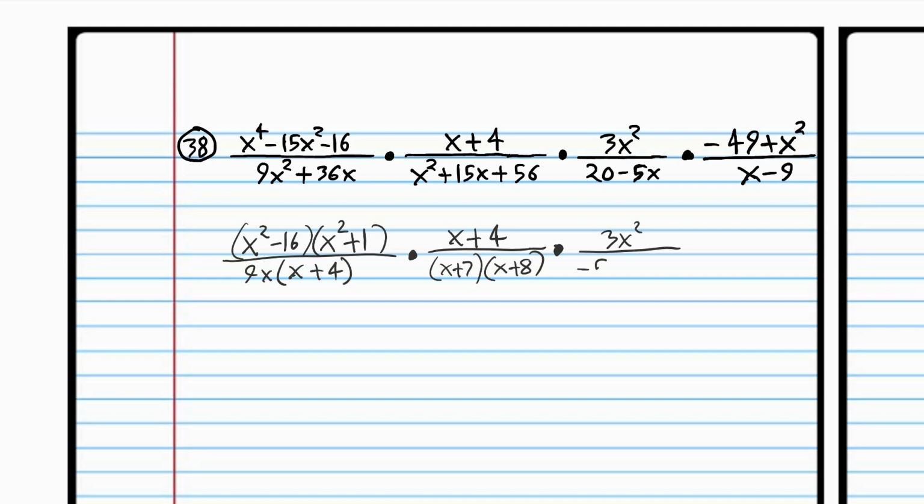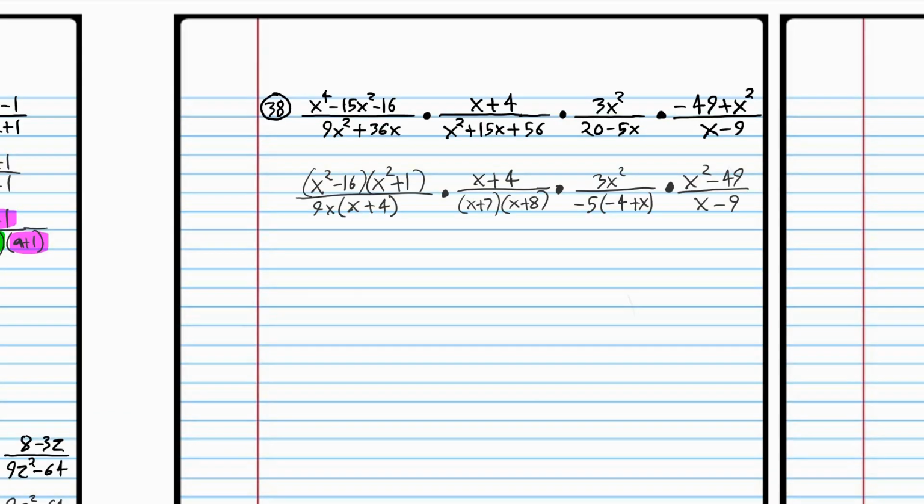Factor out a negative 5. And we're going to switch these terms around now so they look more familiar. So now we see it's a difference of 2 squares. It was hard to see when it was negative 49 plus x squared, but now we can see it's a difference of 2 squares.